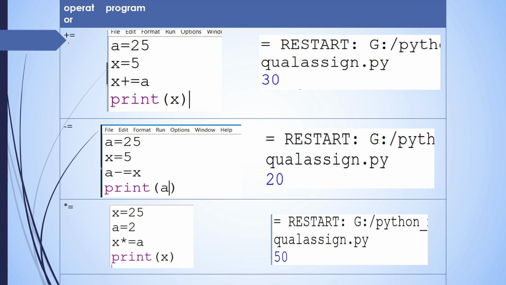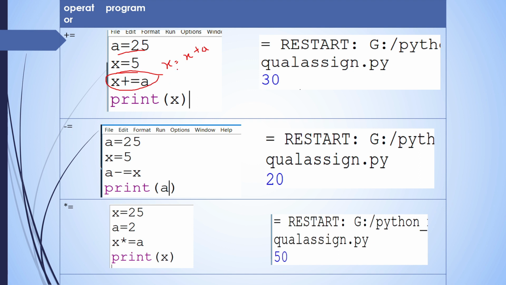Plus equals to, it means that it performs an operation and also assigns the value to the variable, like a is equals to 25, x is equals to 5. Assignment operator is used to assign the value to the variables, and it also performs some type of operation, like x is equals to x plus a.